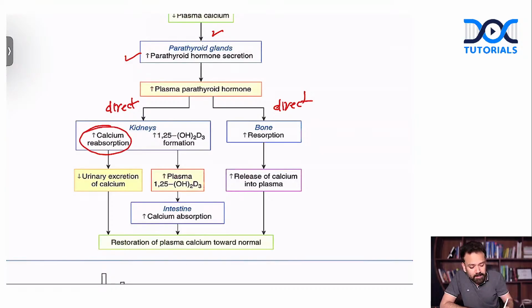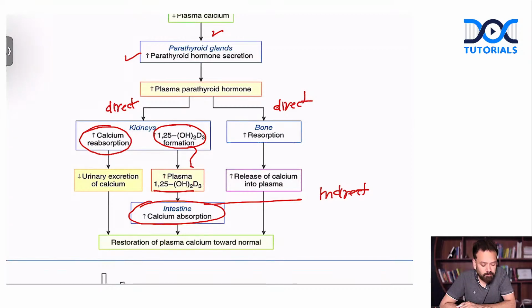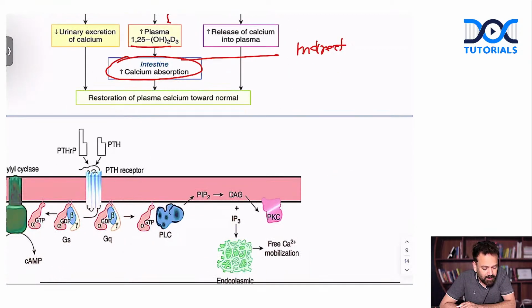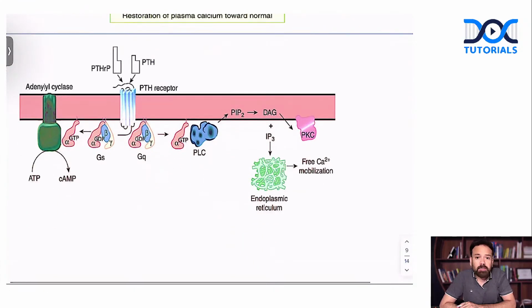Okay, in the kidney, it starts absorbing calcium, as I have discussed in detail. And also in the kidney, it helps you in calcium absorption from the intestine. So in the intestine, we have an indirect role in calcium metabolism.